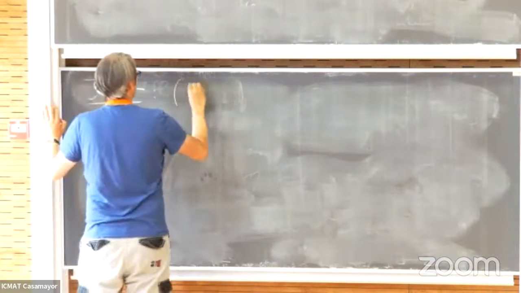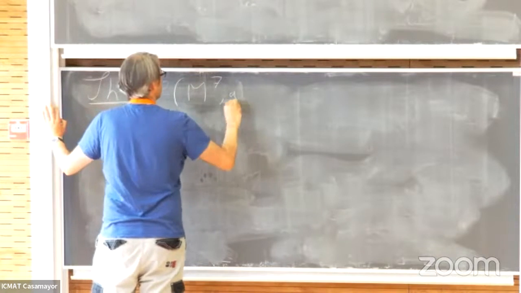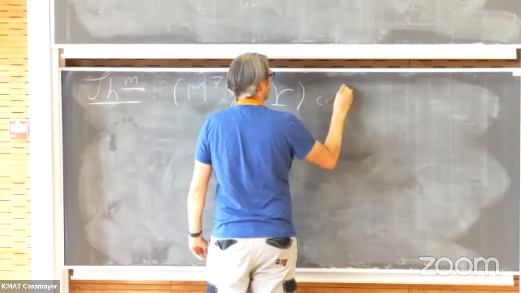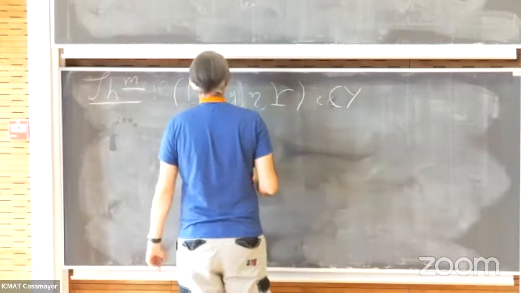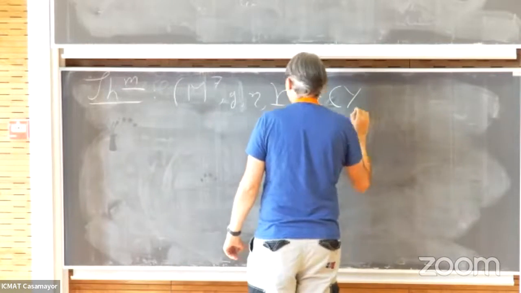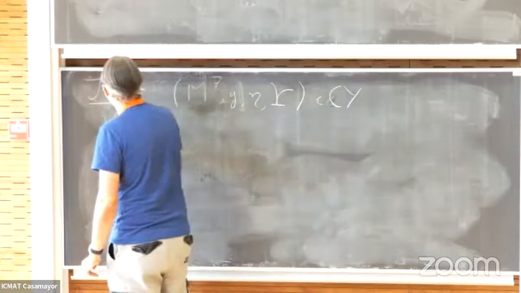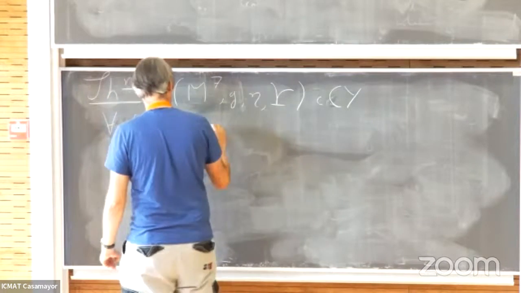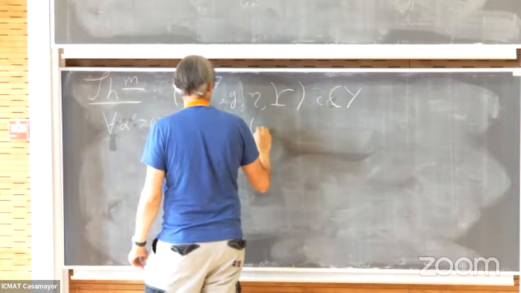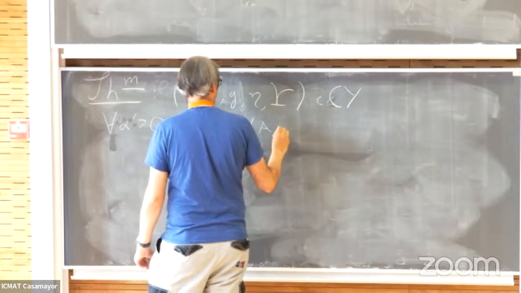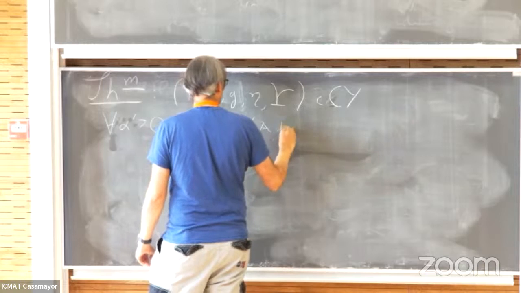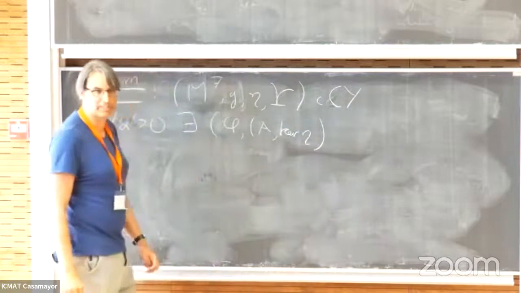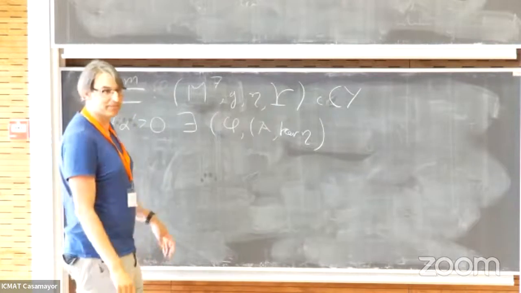If (M7, g, beta, upsilon) is contact Calabi-Yau, then for all alpha prime positive, there exists a connection nabla on E, where E is the kernel of the contact form, the same one I called E before.